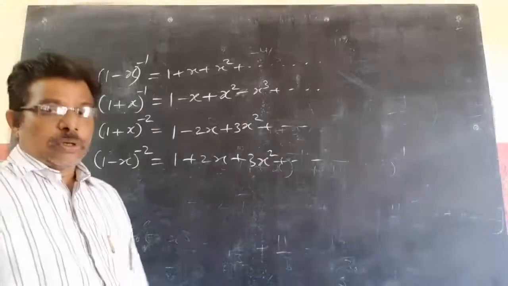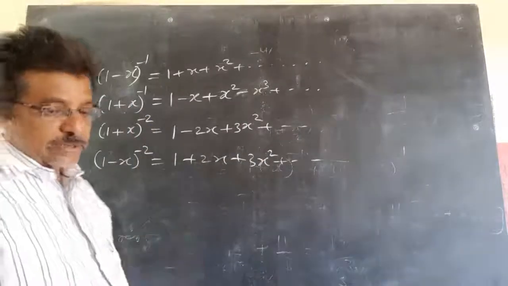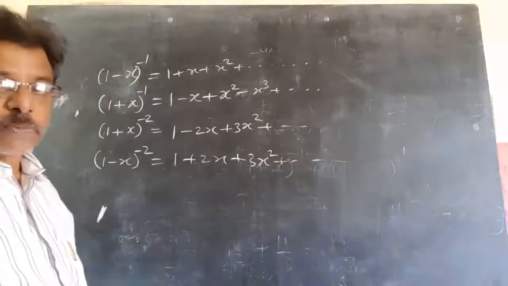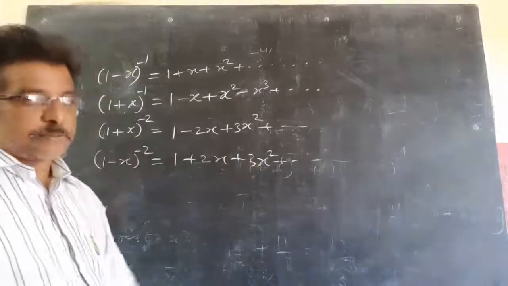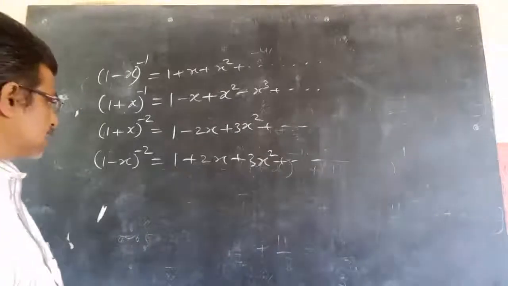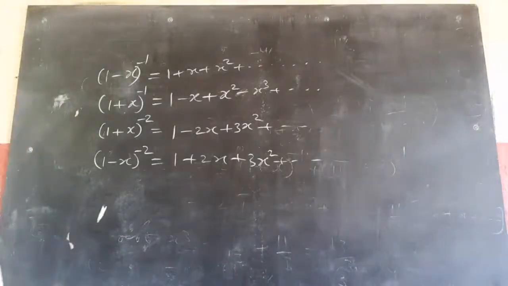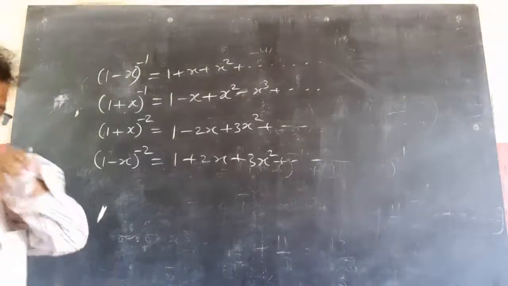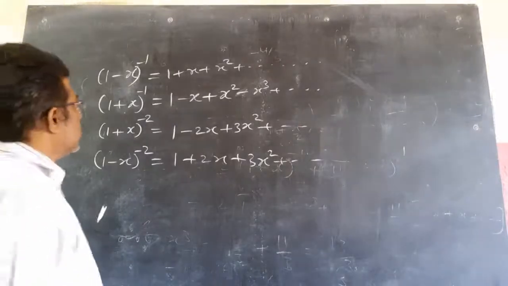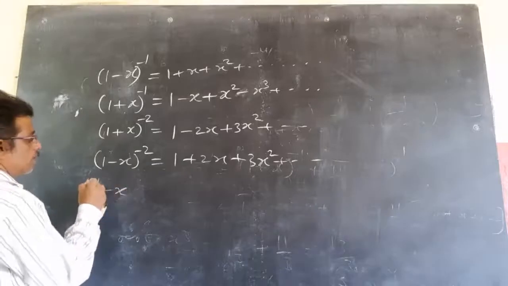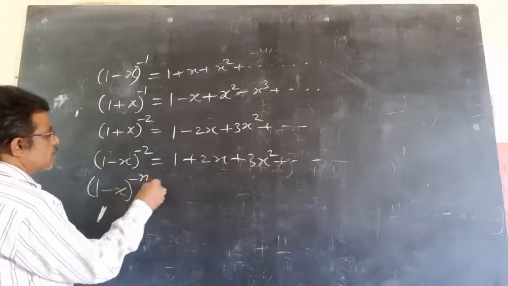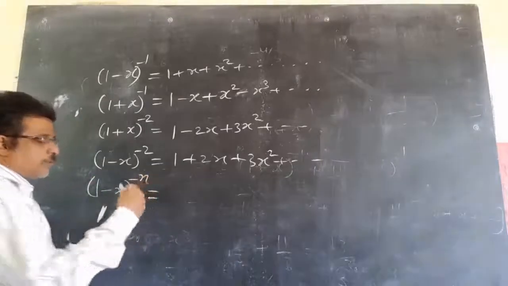These are enough for the next exercise because we have only up to the power of 2. If you want the power 3, you can substitute n in place of this. So I am writing (1 minus x) to the power minus n, so that whatever power you want, 3 or 4, you can write.